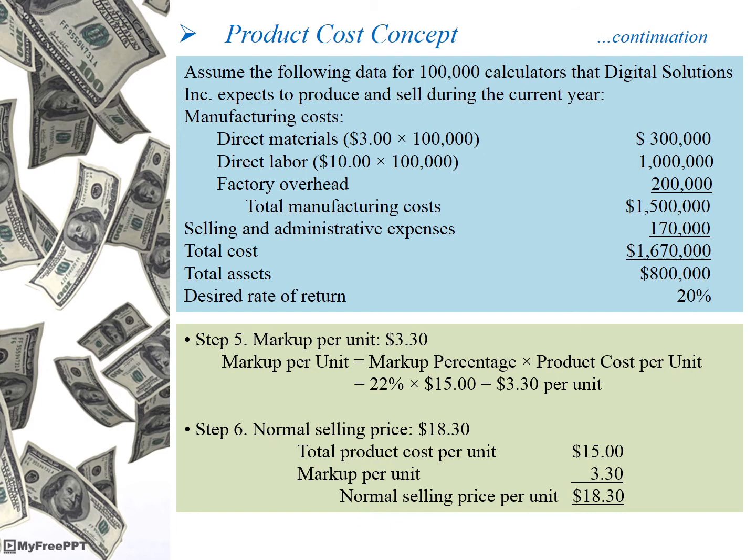So 22% times $15 is equal to $3.30 per unit, and that is the markup per unit. Step 6. Normal selling price is $18.30, which is composed of total product cost per unit, $15, plus markup per unit, equal to $3.30.